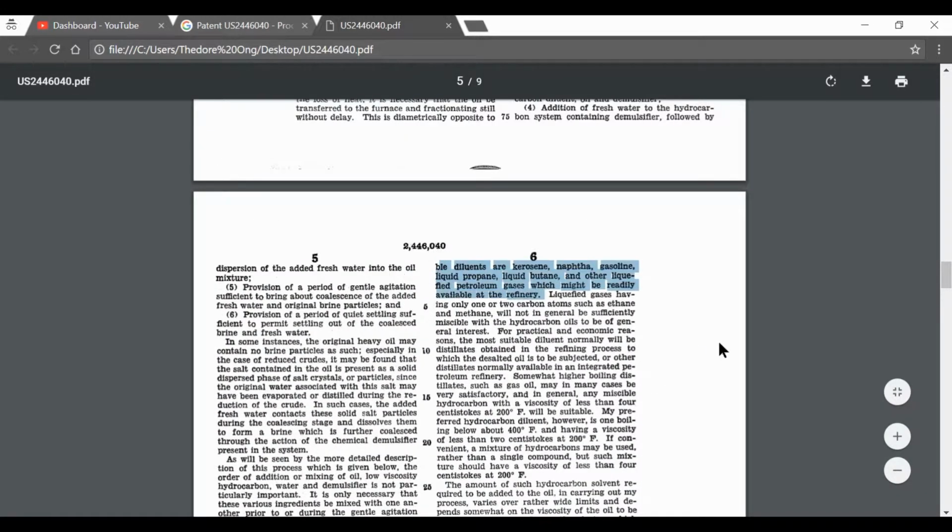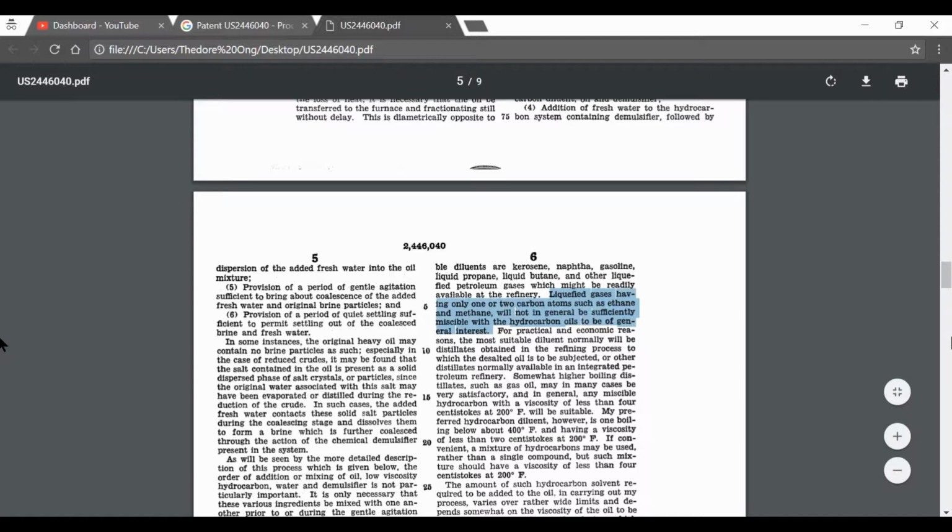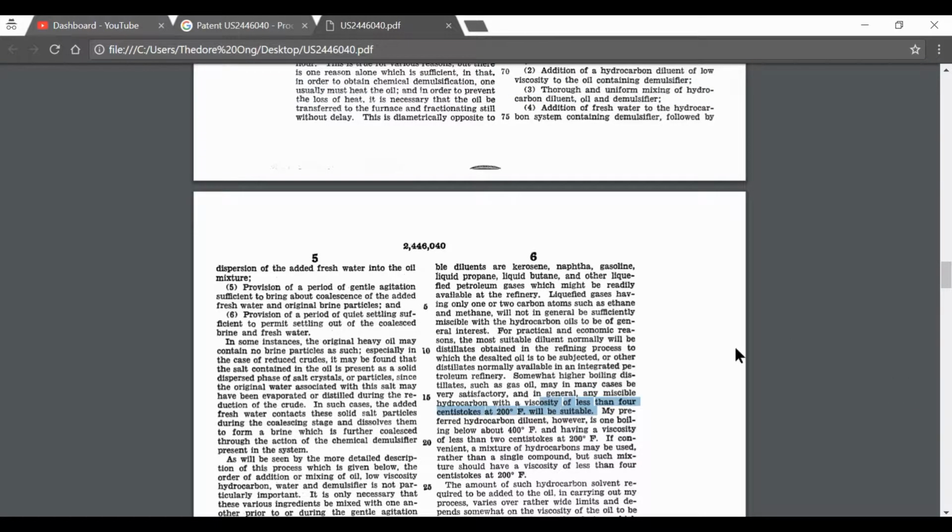So here you are talking about the various diluents available to reduce the viscosity. And they're saying the LPG fraction will not be suitable as a diluent. And for practical reasons, you probably use something like gas oil, which is diesel. So diesel qualifies because it has a viscosity of less than 4 centistokes at 200 degrees F. It is suitable.